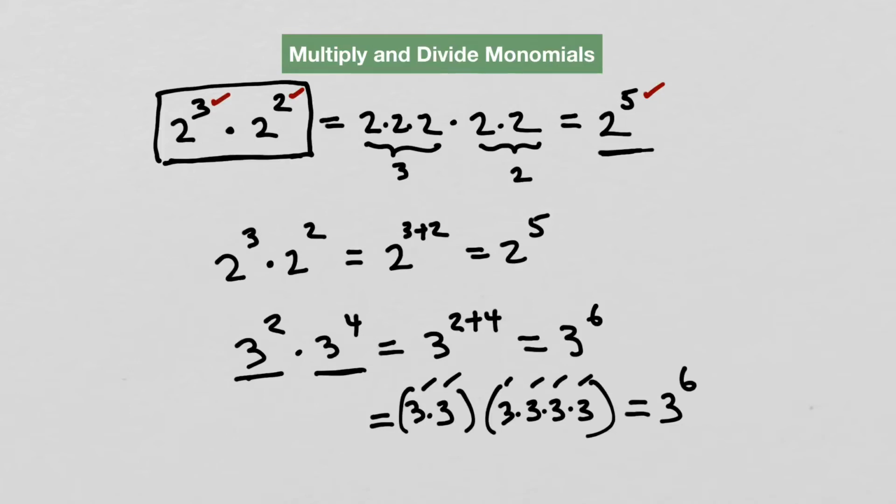Okay? So let's look at what happens when we divide monomials. Let's use a base 5 and say 5 to the 5th power, okay, divided by 5 to the 2nd power.